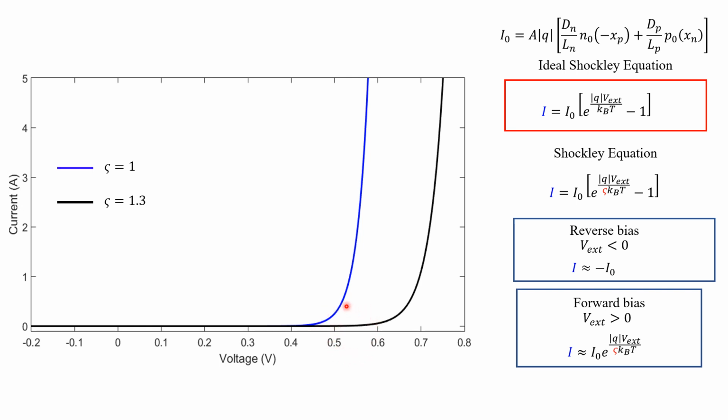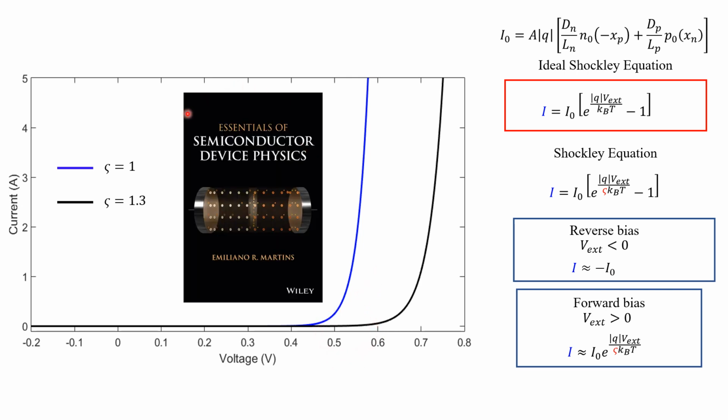So we say that the operational voltage of the diode in this example is around 0.55 volts, and the diode is behaving essentially as a short circuit, having a small voltage drop in it around 0.55. And in the textbook, you can find further discussions about the behavior of a forward bias p-n junction as a short circuit.